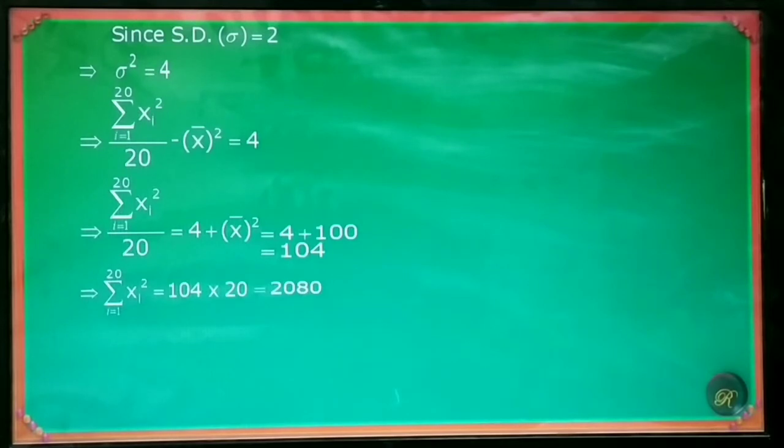Since observation 8 is to be omitted, so here we are finding a sum of squares of observations.